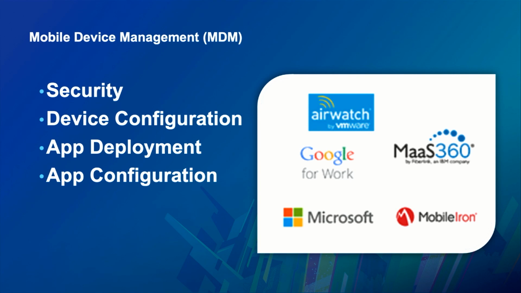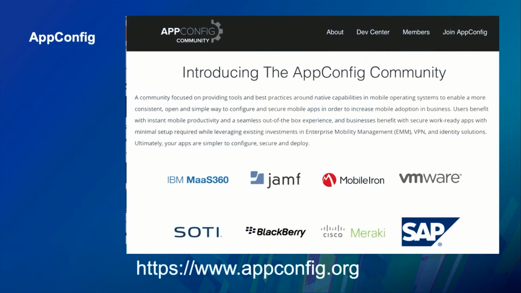The topic I wanted to talk about here is how does it actually work behind the scenes? What do you need to do to make your applications MDM compatible or MDM ready? To support this, we're following a scheme called AppConfig.